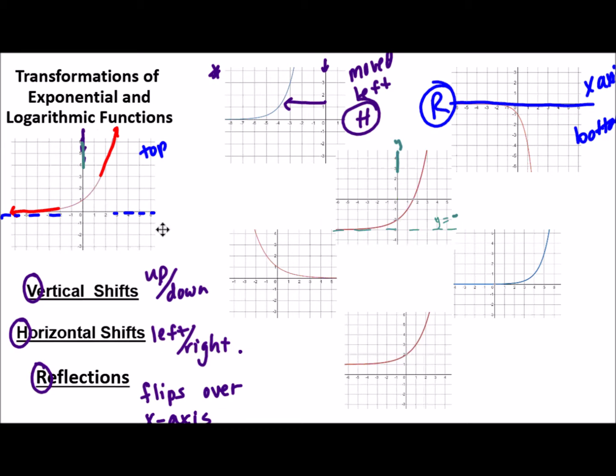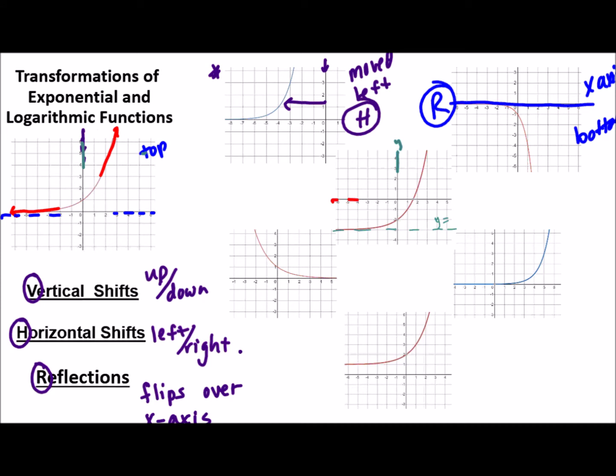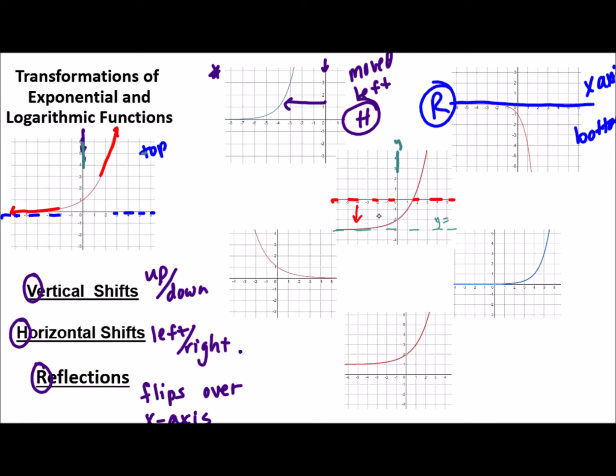So instead of it moving away from the y-axis or flipping over something, this one's actually moved down. The original guy had an asymptote right here, and it's now been moved down. Well, if the asymptote moved, that means the whole graph moved. So this one right here, we would say had moved down, and up and down is a vertical shift.